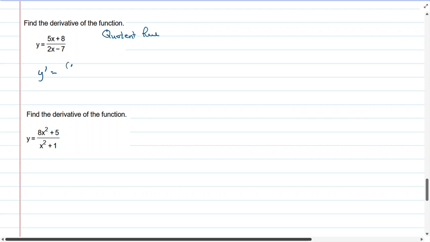So I'm going to have the 2x minus 7 times the derivative of 5x plus 8. Does everybody agree? Minus, and I'm going to have the 5x plus 8 times derivative of the bottom, which is 2. Does everybody agree?